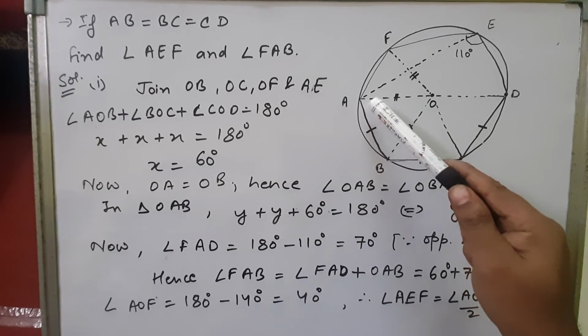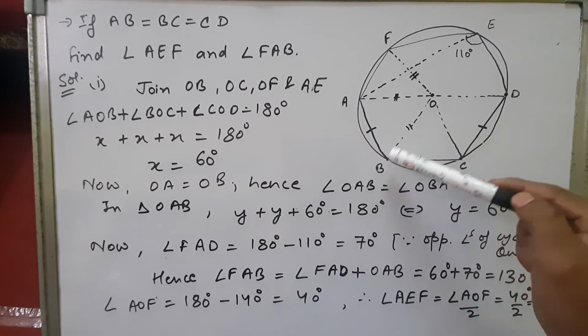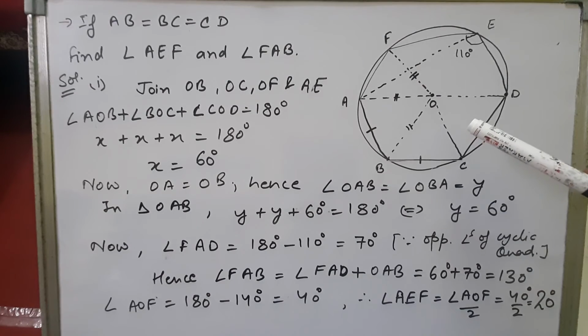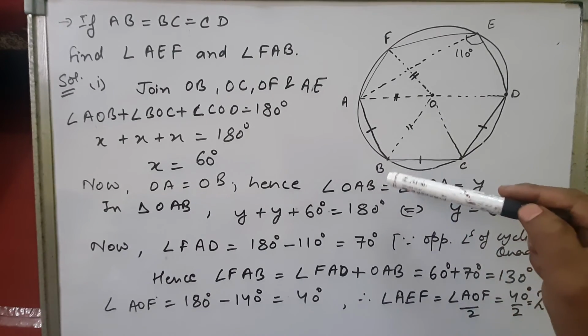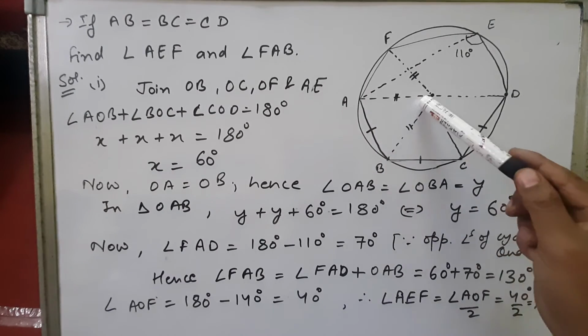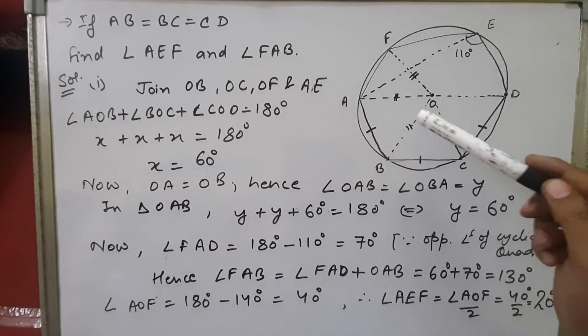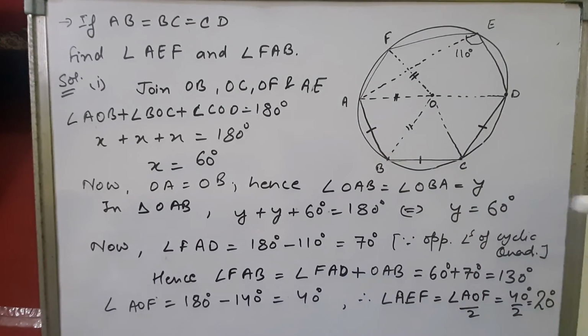So if this angle is y, this angle will also be y. That means if OAB is y, then OBA is also y, because angles opposite to equal sides are equal. So if we add the sum of the interior angles, it will be y plus y plus 60 degrees equals 180 degrees. So the value of y will be 60 degrees. That means angle OAB will be 60 degrees.